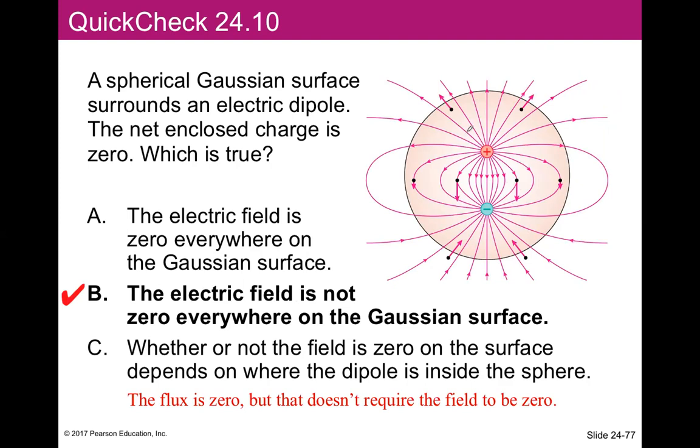However, if we ask whether the flux is zero: flux means the total number of field lines going out. Because it's symmetric, if there are many field lines going out, you have the same number of field lines going in.